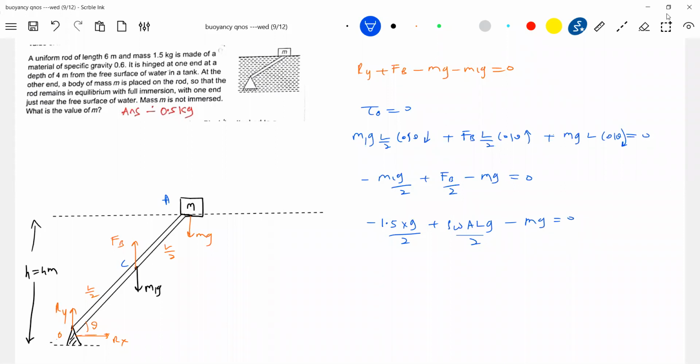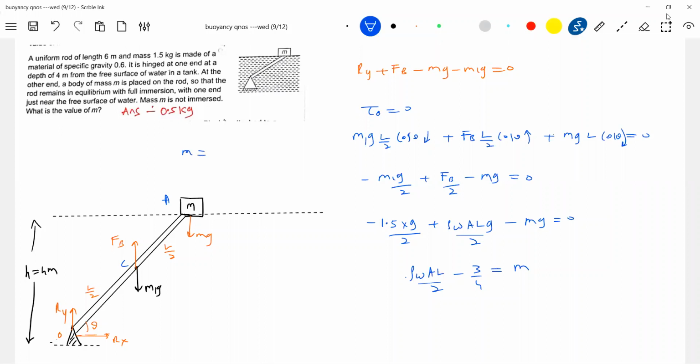This will become minus 3 by 4. Rho W A L by 2 minus 3 by 4 equal to m. We don't know the area of cross section of the rod, no? How to do this? So let's come to this one.